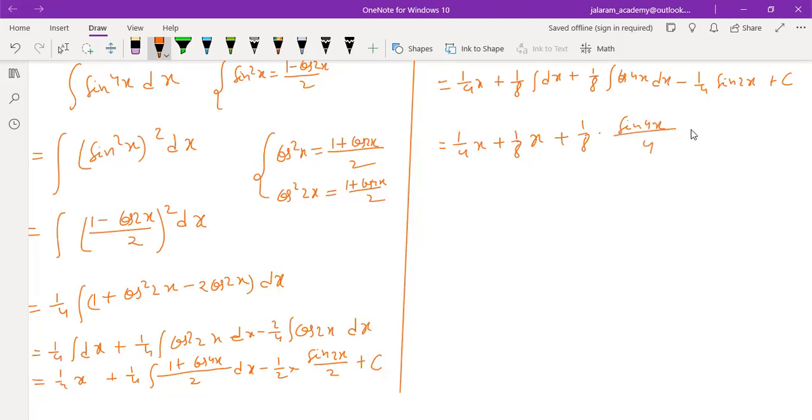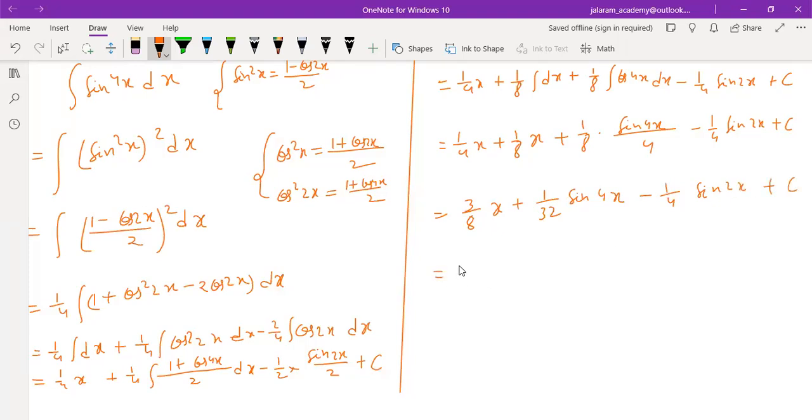Differentiation of 4x is 4, so we have to divide the integration by 4, plus c. Now 1 by 4 plus 1 by 8 means 2 by 8 plus 2 by 8 plus 1 by 8, that is 3 by 8x plus 1 by 32 sine 4x minus 1 by 4 sine 2x plus c.